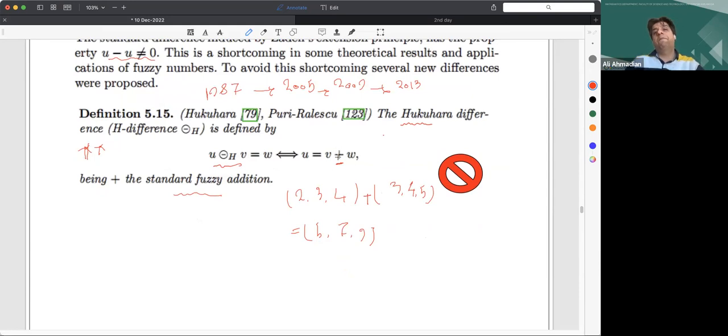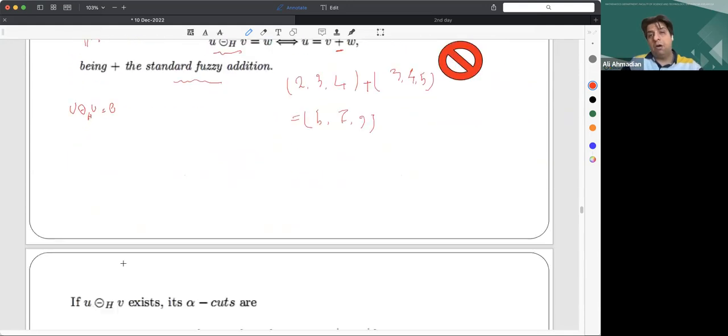So this definition says that u Fukuhara-minus v is equal to w if and only if u is equal to v plus w. Considering this new concept, we do not have the shortcoming. So u Fukuhara difference u is equal to 0, the zero fuzzy number.